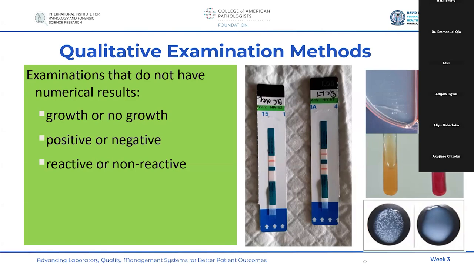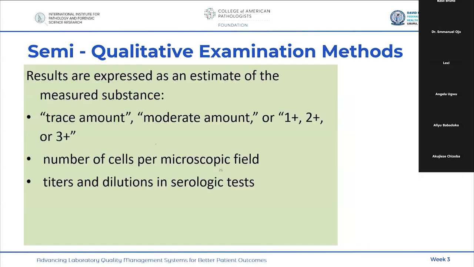The result is positive or negative, reactive or non-reactive, like the example I'm showing here of Determine or any other rapid testing method, where the outcome of the test will be whether it is reactive or non-reactive. Also, for the others, we look at whether there is growth or no growth.